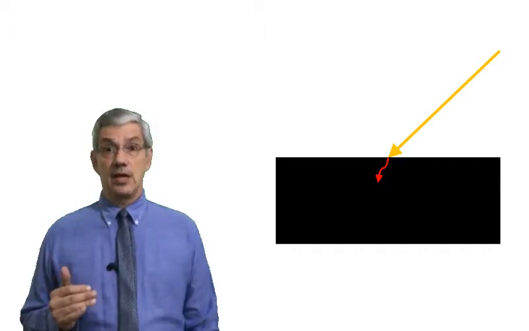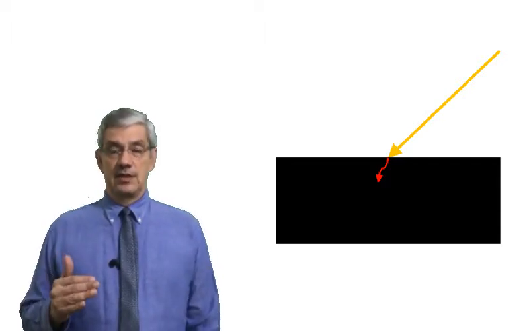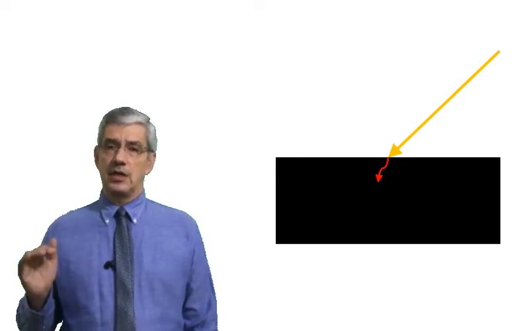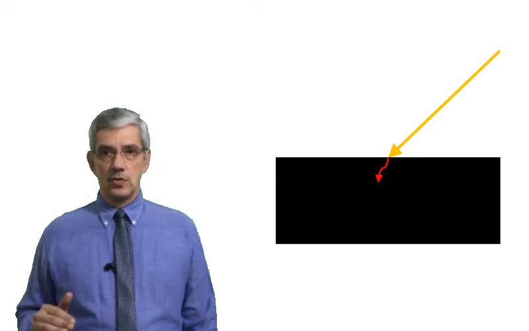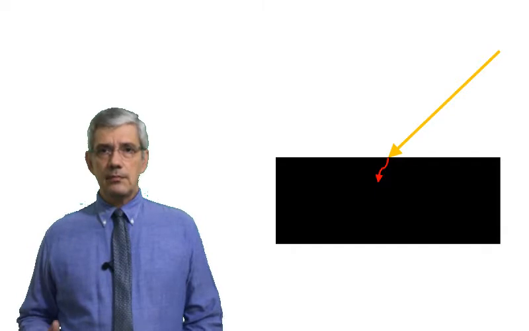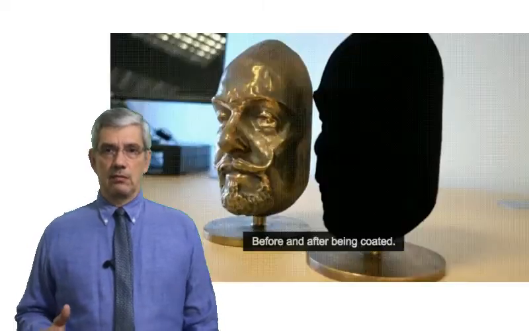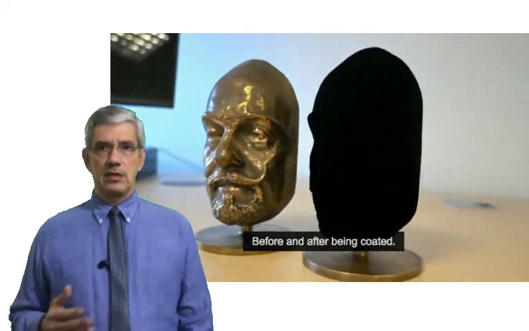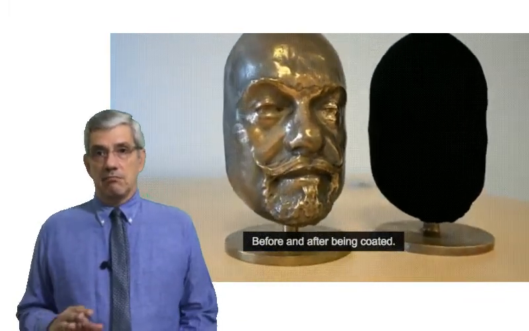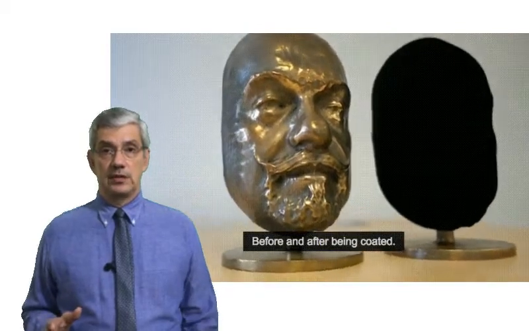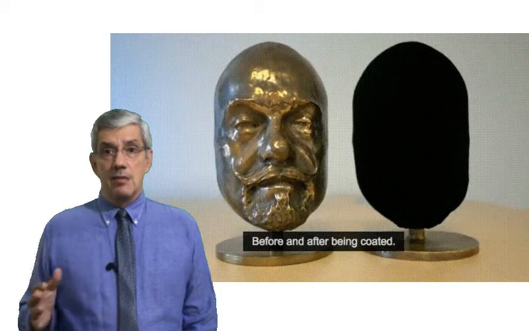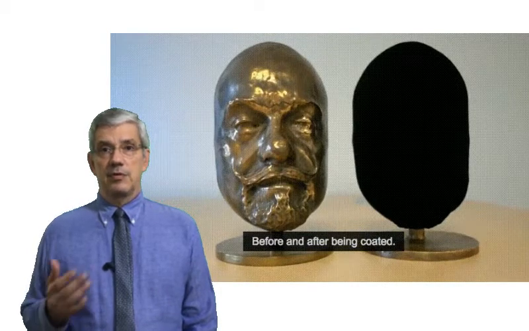Recently, a company has developed a paint which absorbs 99.96% of the incoming light. This is the closest to black that has ever been produced. This movie you can see right here is what happens when you paint a simple object with this paint. Look at this movie. You can't see absolutely any light coming from the body.